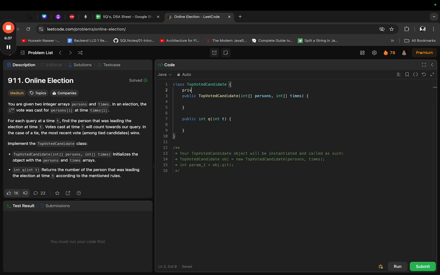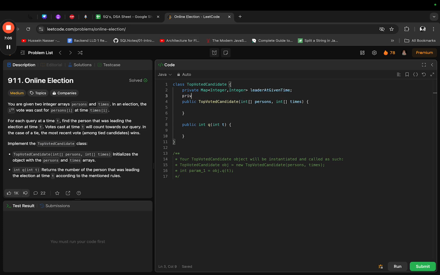So that is the reason I'm taking a private map of integer, leader at given time, and just initializing it over there.